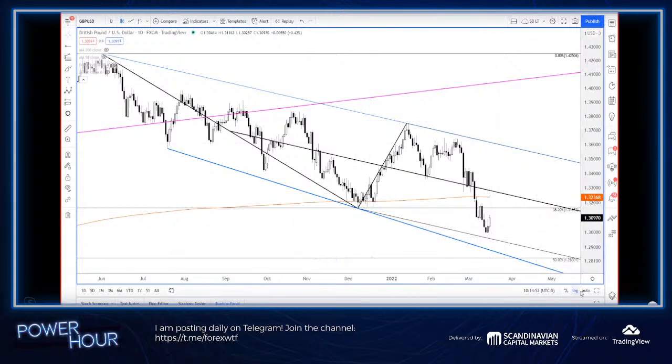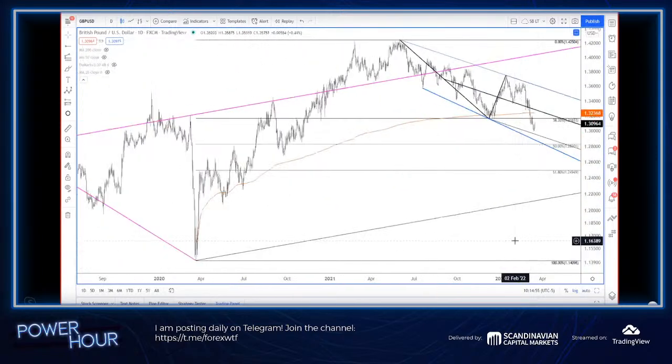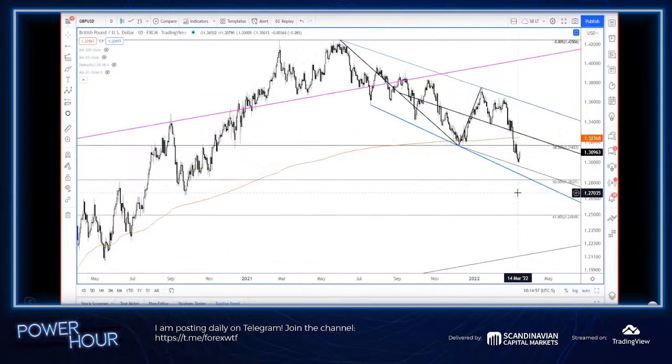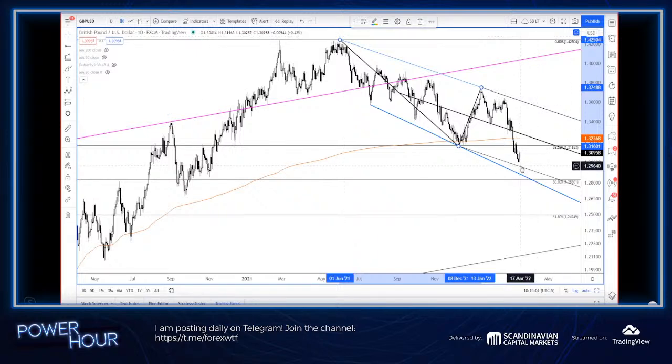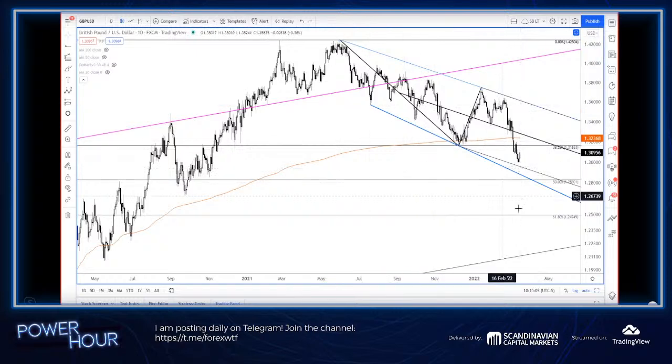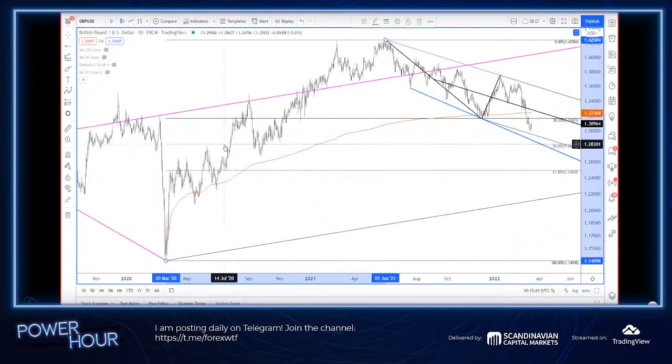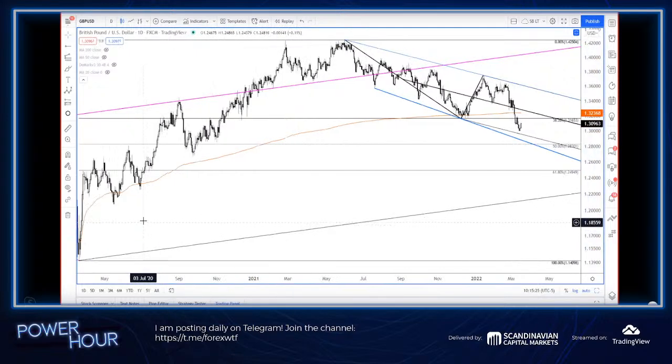So at this point, again, I have zero interest in pound unless we trade down towards either this parallel, which is a channel from the highs last year, that's going to be about 29.50, or even better, if we can test the blue line here that crosses the lows from July and December of last year. And that's going to coincide as well with the 50% retrace, which is not a fib, but is still a useful point of reference.